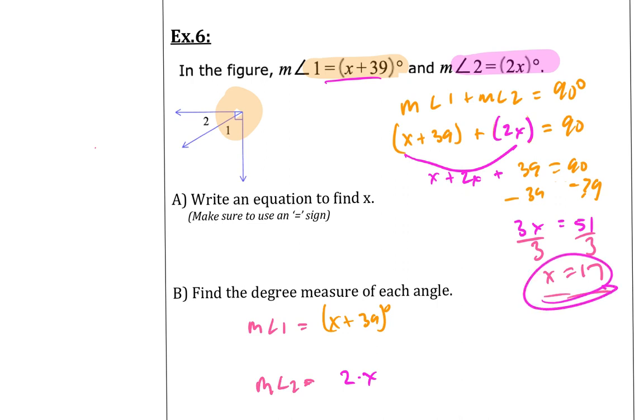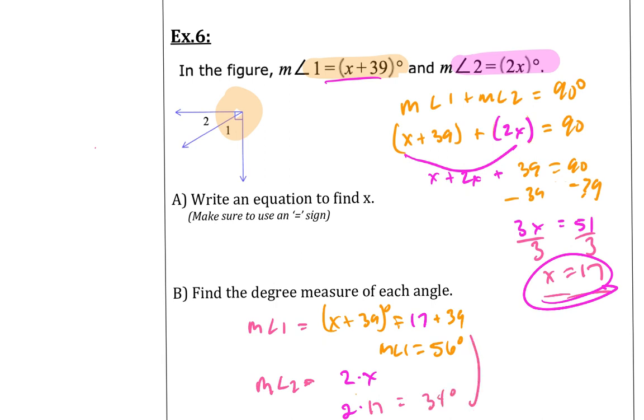So that means you'd have 17 plus 39. So the measure of angle 1 would equal 56 degrees. And we said the measure of angle 2 was 2 times x. So that means we're going to have 2 times 17, which is going to equal 34 degrees.